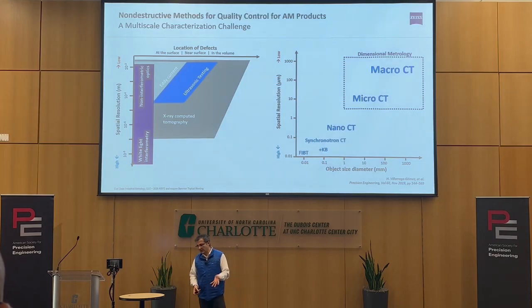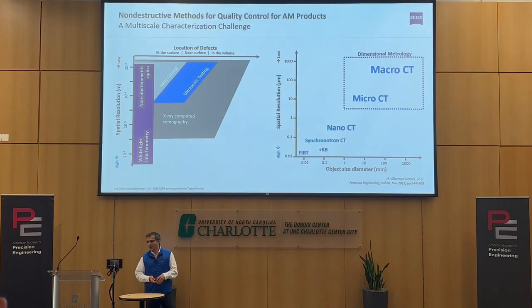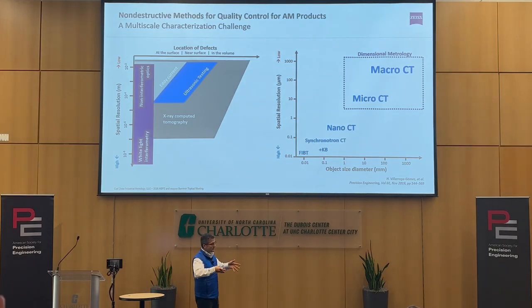Now, if you want to do multi-scale imaging, let's say going from the nanometer range all the way to the centimeter range, then it might not be sufficient with a single X-ray CT system. There are trade-offs among them in terms of high energy range or nano imaging capabilities. So there is macro CT and micro CT. That's where most of the work in dimensional metrology falls.